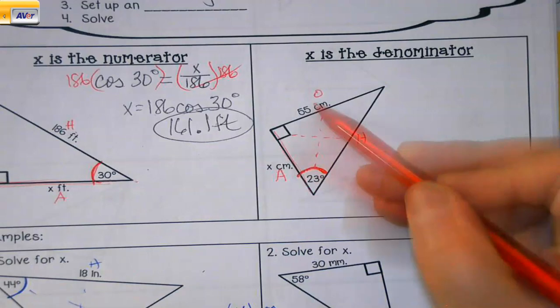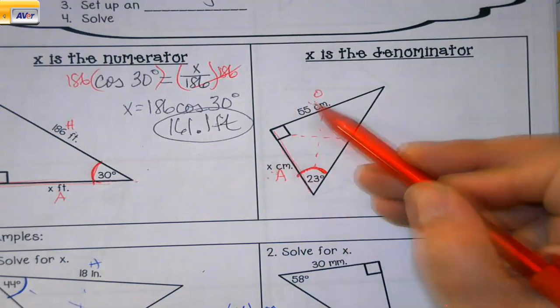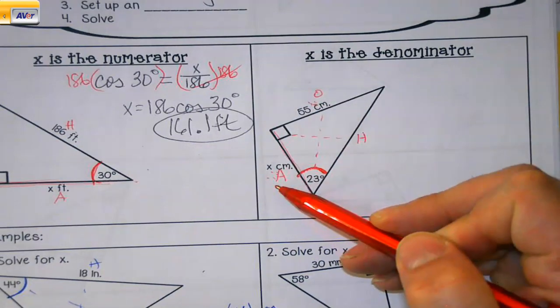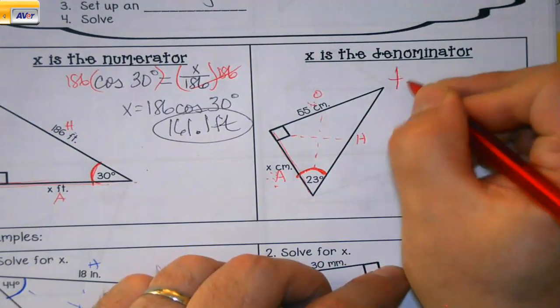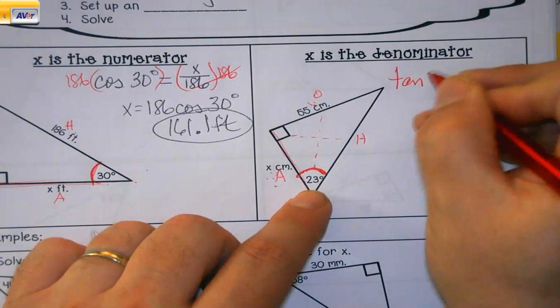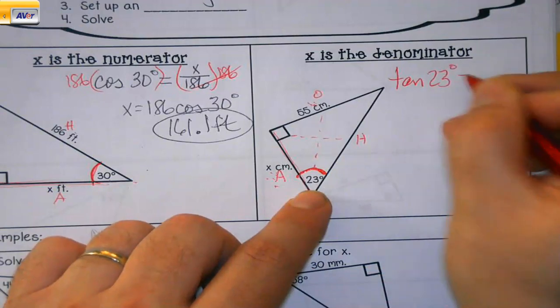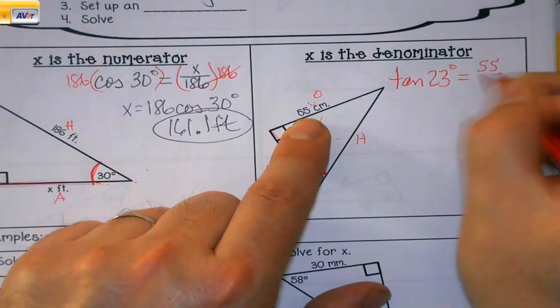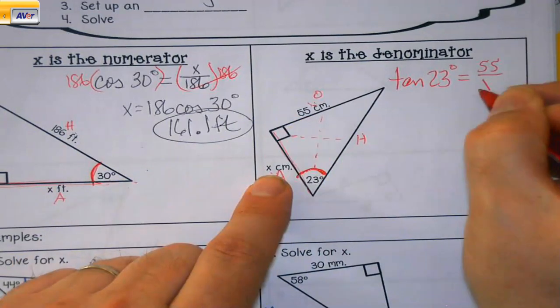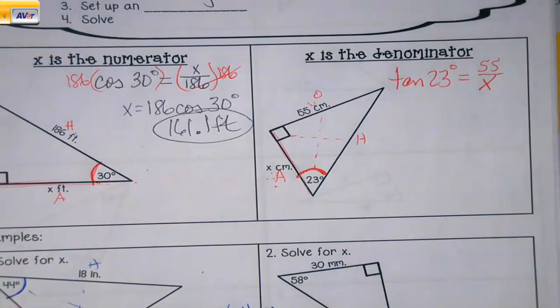And the two sides where you have values, opposite and adjacent. If I take a peek over, that looks like tangent to me. So the tangent of 23 is opposite over adjacent. Now, here's where I got to be careful.